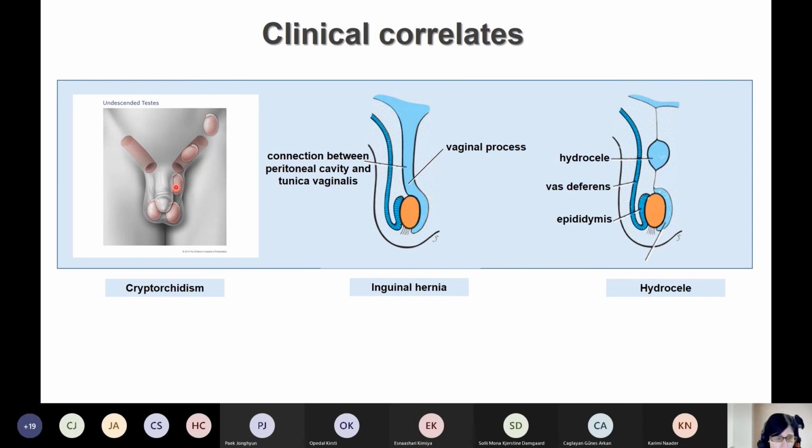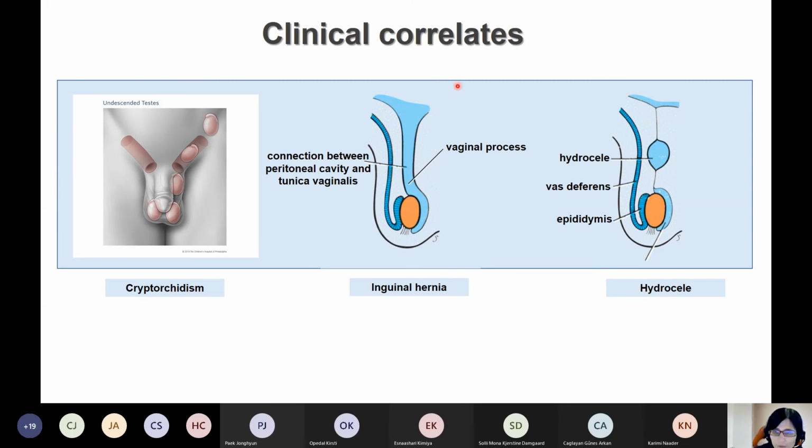After birth, generally it will be solved automatically, so there's actually only postnatal descent of the testis, but in some cases, in 1% of male births, the surgical correction should be done.